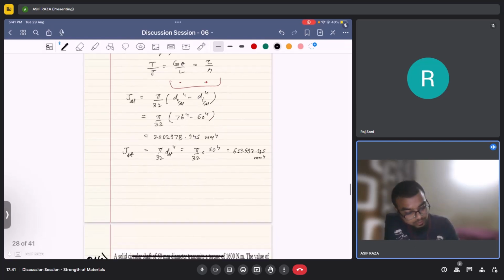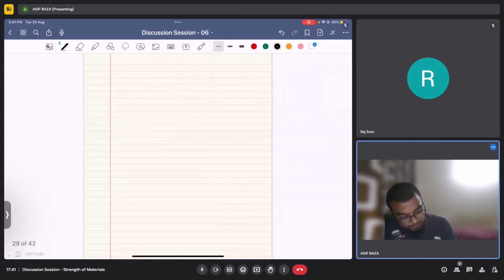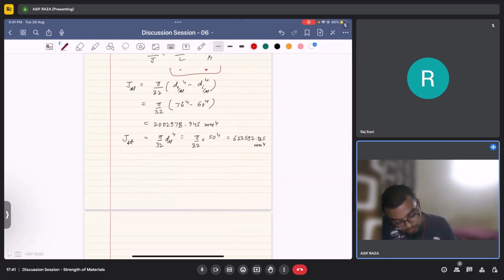Now, as I told you, theta would be the same for both systems. Like theta steel would be equal to theta aluminium.